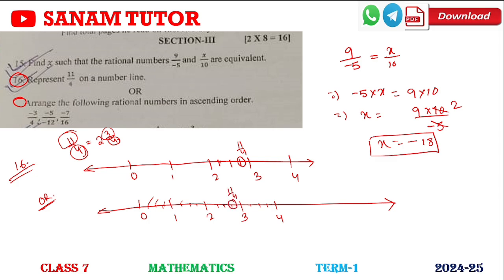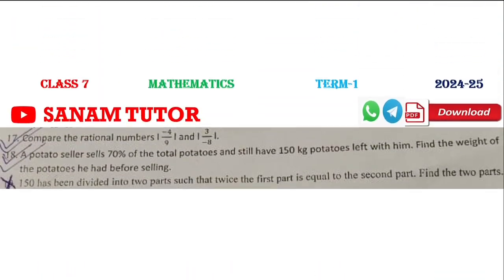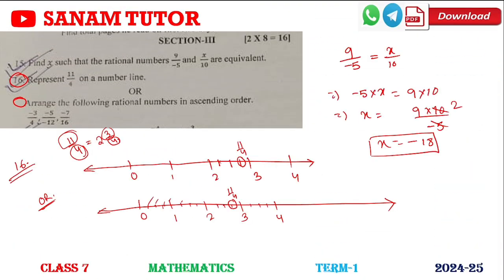Okay. Next question. The question is to arrange the following rational numbers in ascending order. Okay. Ascending order means first we convert to standard form, that is minus 3 by 4. This question is also a repeat.